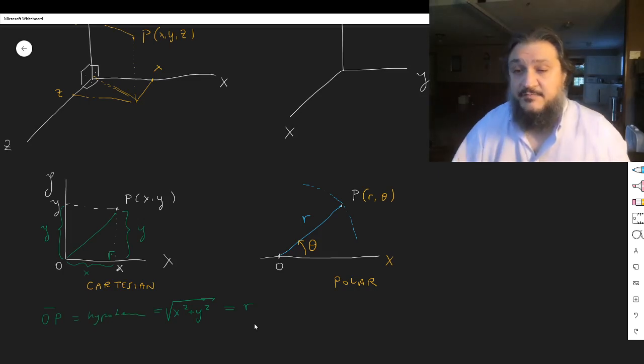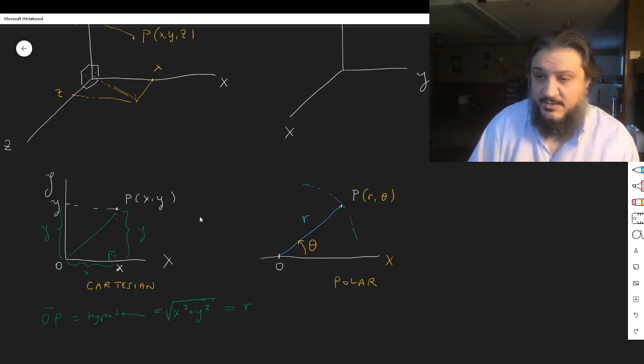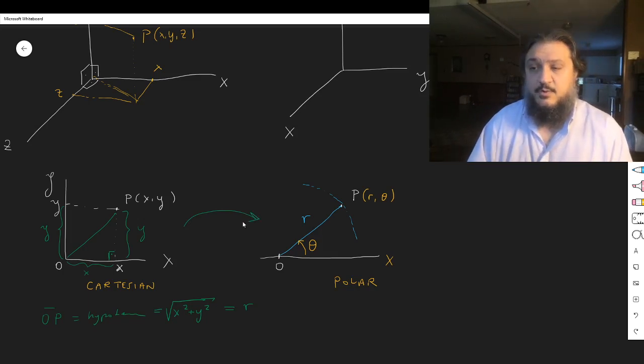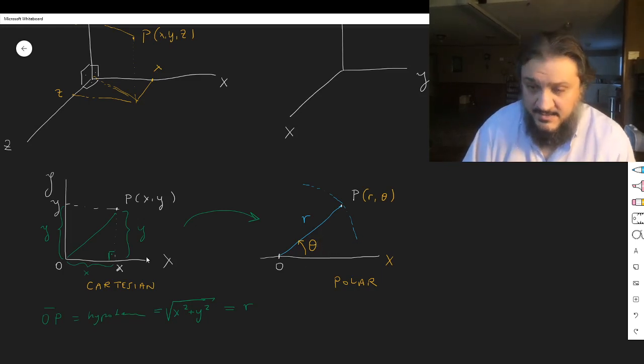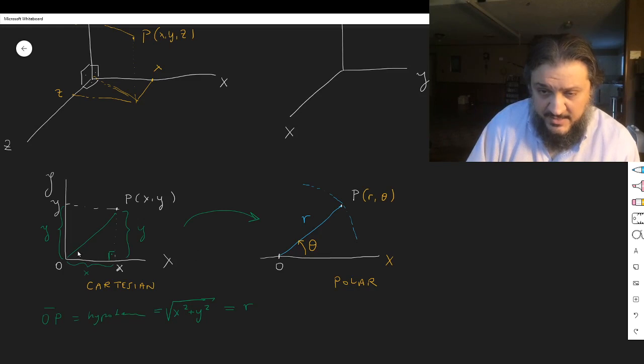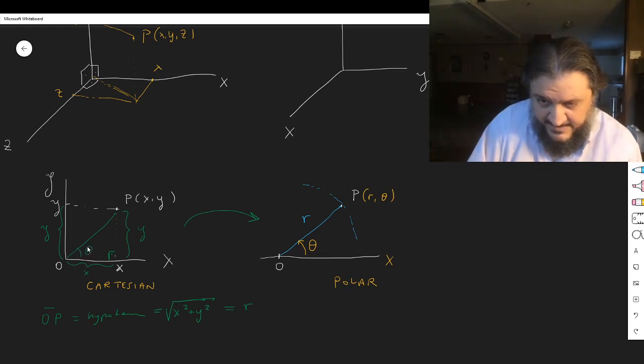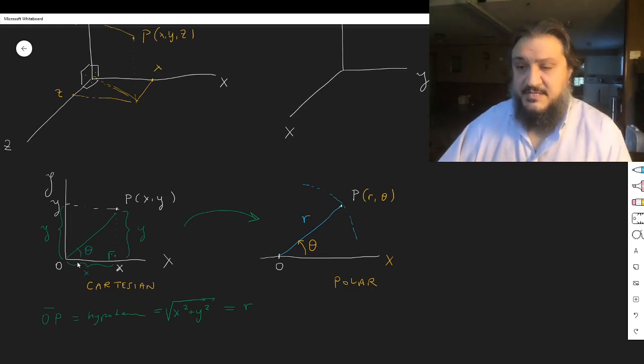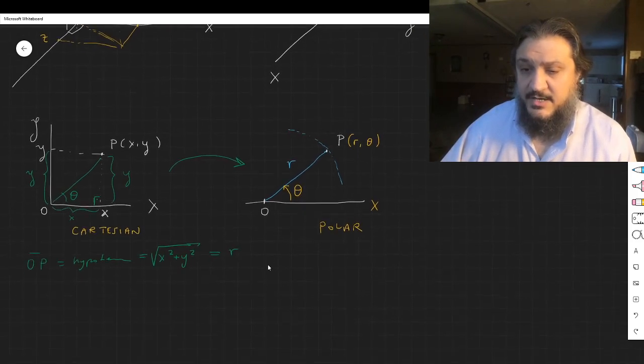Okay, that tells you how to go from Cartesian to polar, at least for one of the coordinates in the polar coordinate system. What about the other one, which is theta? How do you find theta? Well, theta in our right triangle is right there. This is your theta. Now you can use some trigonometry here.